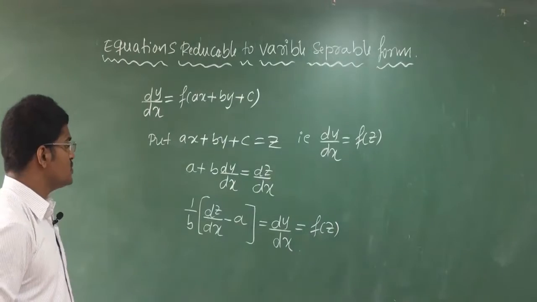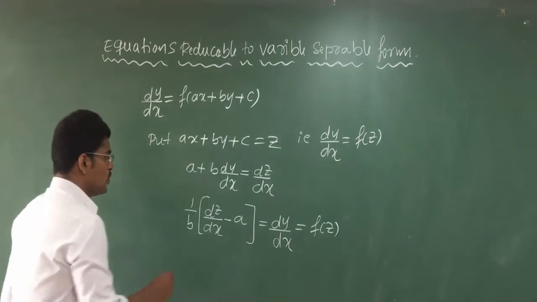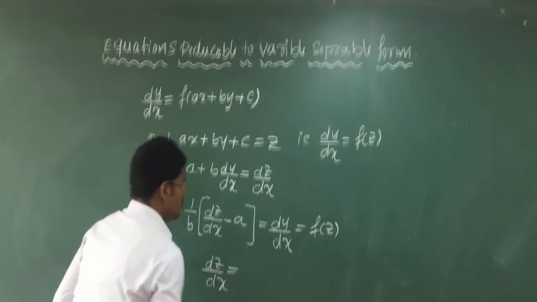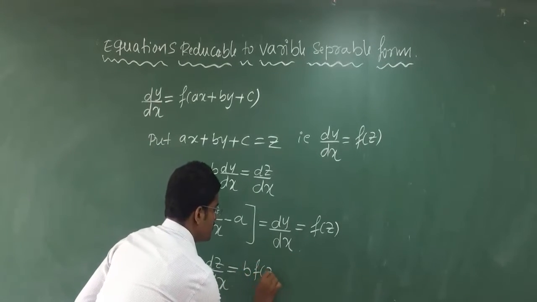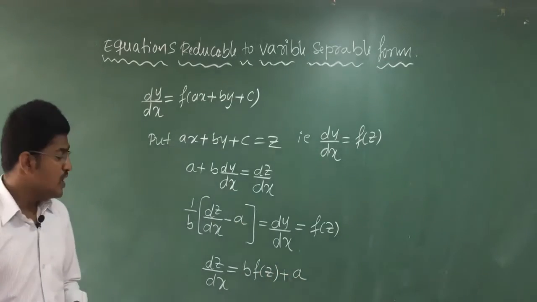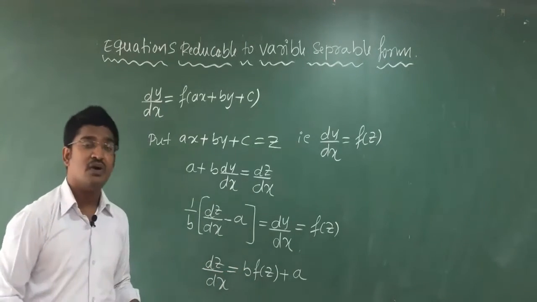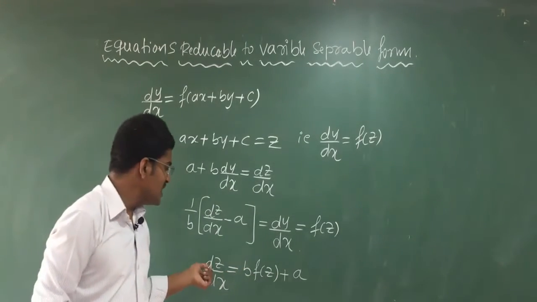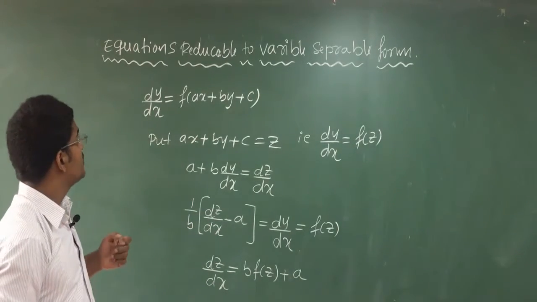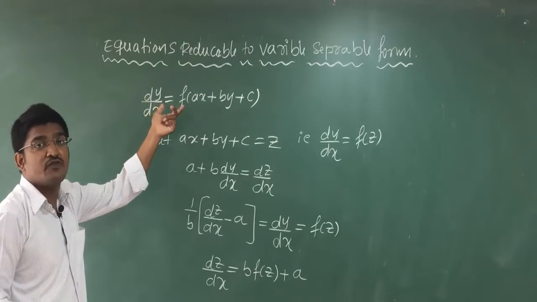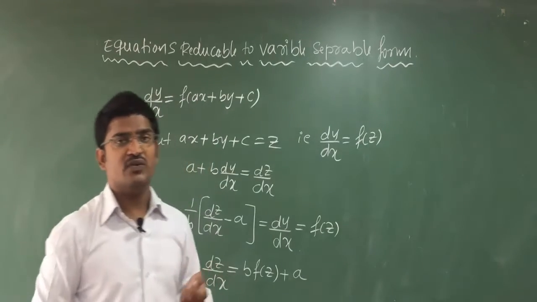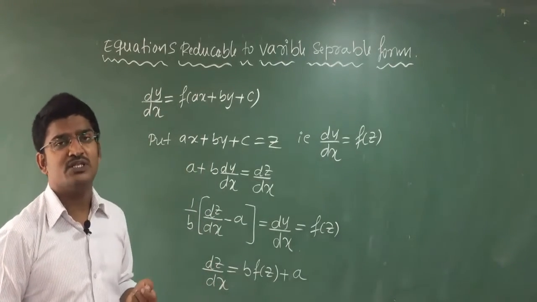Now this is reduced to dz by dx equal to b into f of z plus a. Now it is in variable separable form, so that we can integrate. I think you understood how to reduce to the variable separable form.